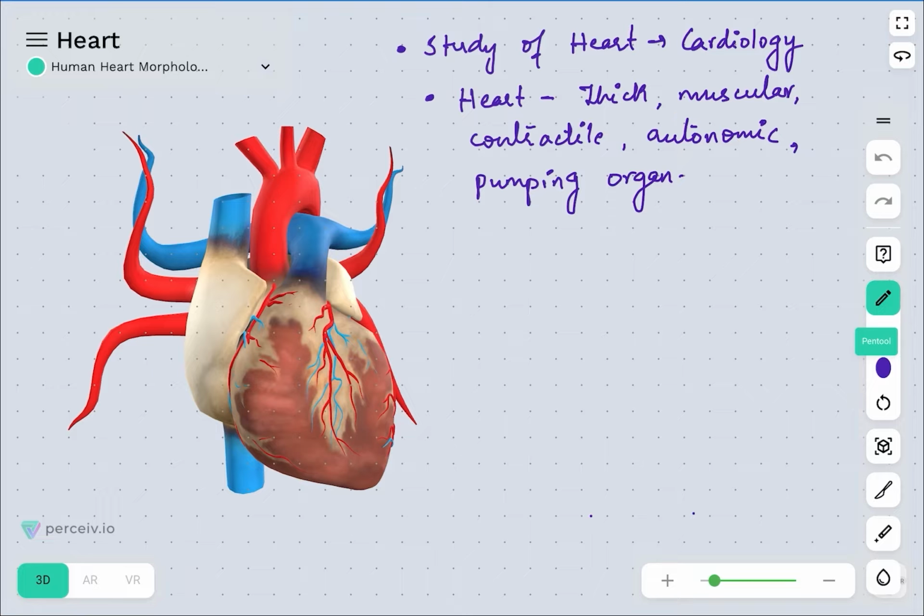Now, if we consider vertebrates, vertebrates have a single heart, and this single heart is usually made of cardiac muscles.